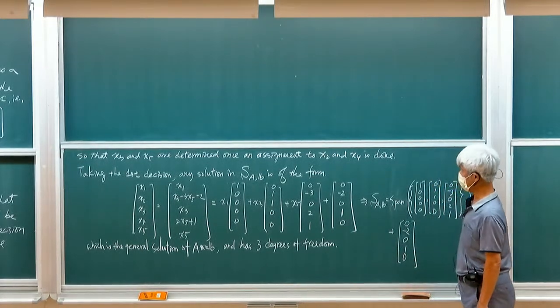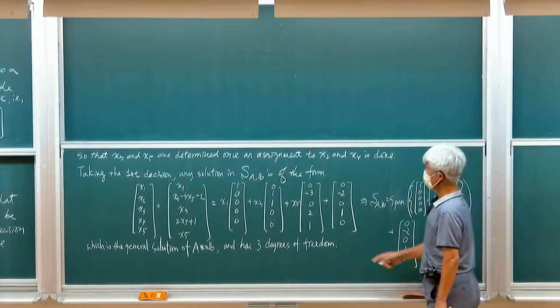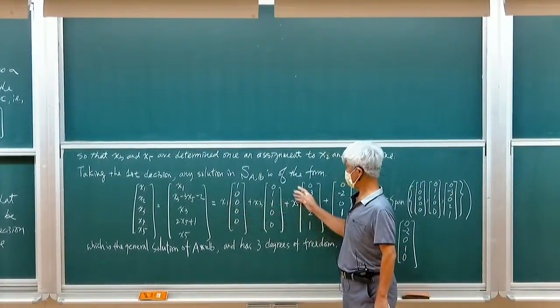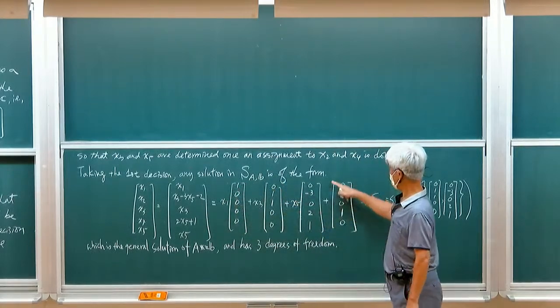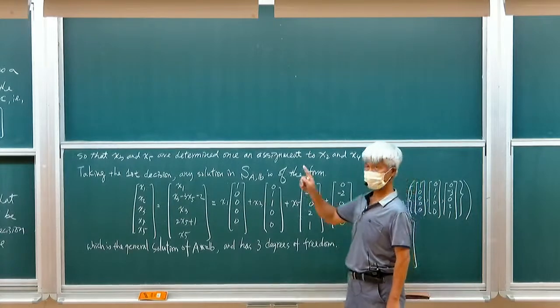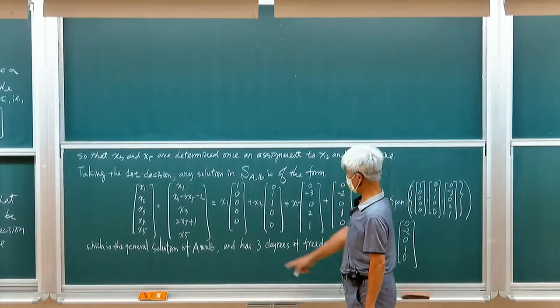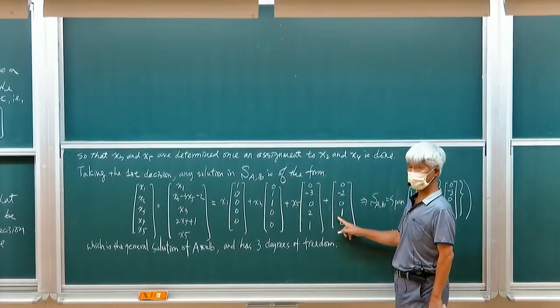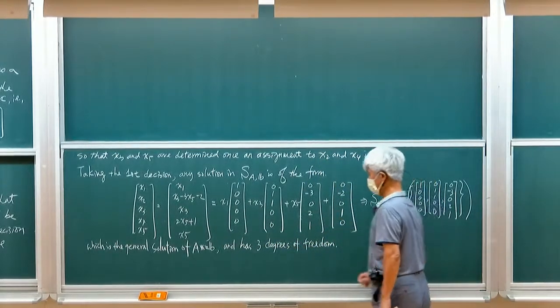Now, especially when x1, x3, x4 are zeros, then this vector is a solution of the linear system, Ax equal to b. So this one is called a particular solution of the linear system.